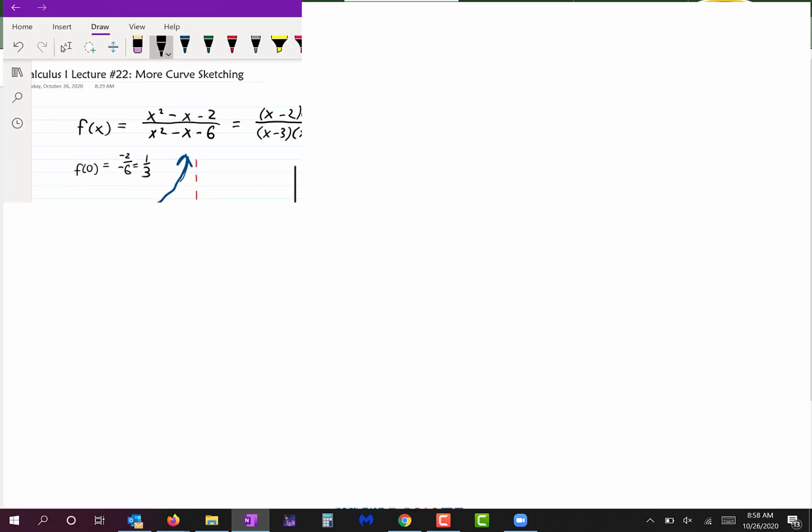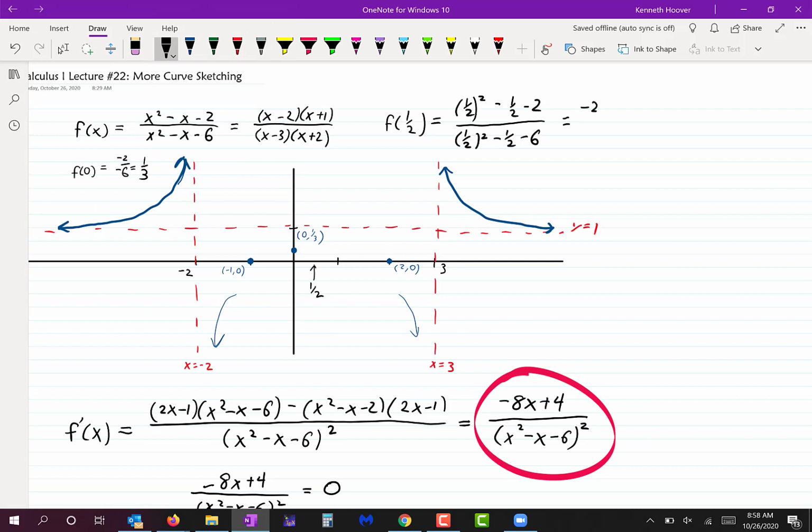Let's see, that's going to be negative 2.25, and on the bottom negative 6.25. I'm just trying to do this in my head, that's why I'm going slow. So that's 9/25.